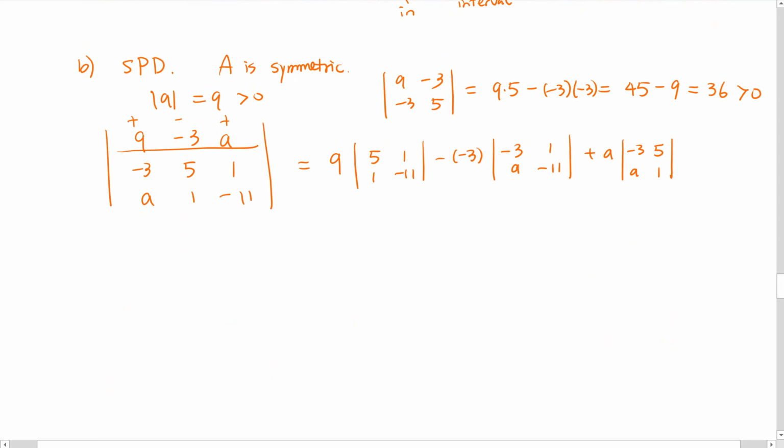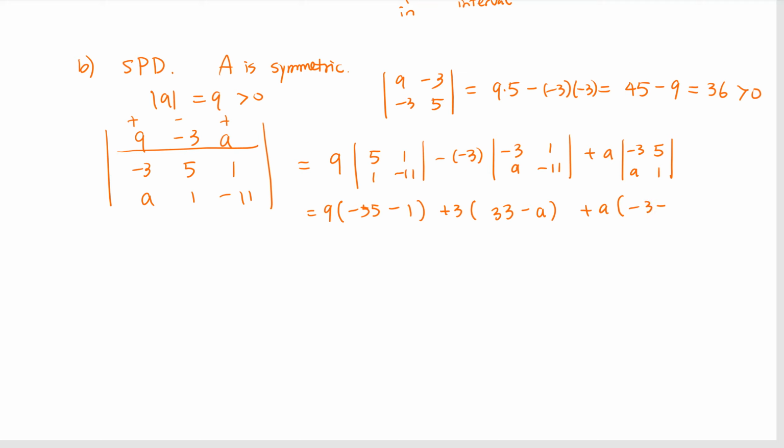Okay, now let's see. This is 9. 5 times -11 is -55. Minus 1 times 1 is 1. Minus becomes plus. Here, -3 times -11 is 33. Minus a times (-3 times 1 minus 5 times a).